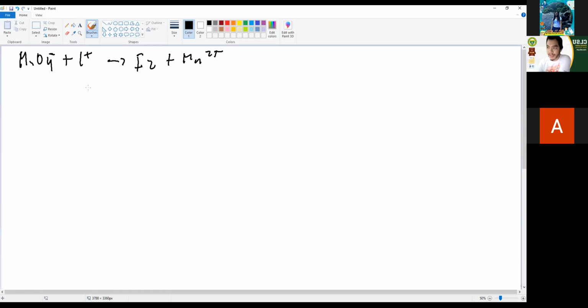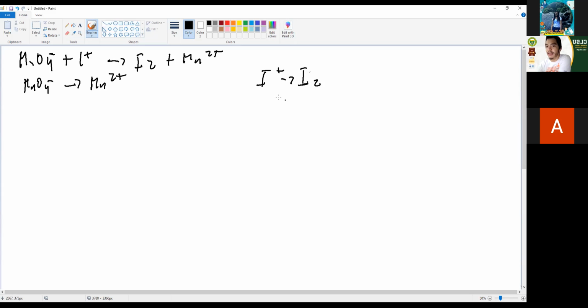So as I've said, gawin natin parang acidic. Ganun lang din yung process, may dagdag lang sa dulo. So MnO4 negative, Mn2+. So I positive, mali, sorry. So I positive will yield I2.